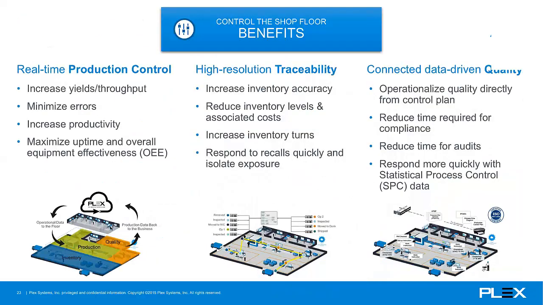So the benefits of controlling the shop floor are summarized into 3 key categories we discussed. These benefits are realized by the enterprise through increased production performance, increased inventory accuracy, and truly operationalizing the quality process throughout manufacturing.